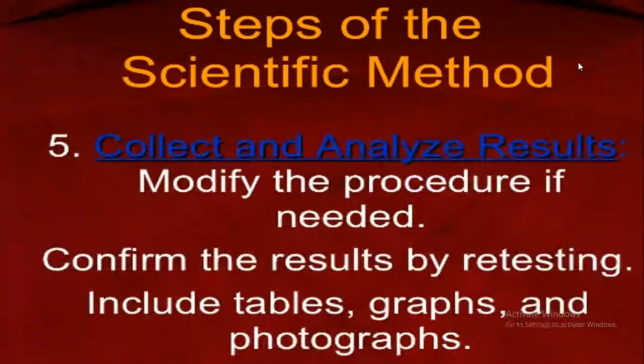So the fifth one is collect and analyze results, modify the procedures if needed, confirm the results by retesting, include tables, graphs, and photographs. So, after doing experiments, we have to give the results in different forms of graphs and tables and photographs, etc. So, we have to collect all the relevant results and analyze the results accordingly.